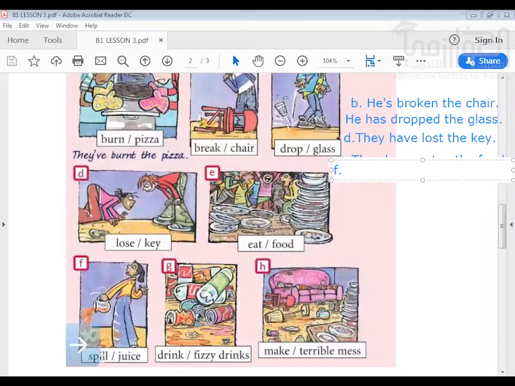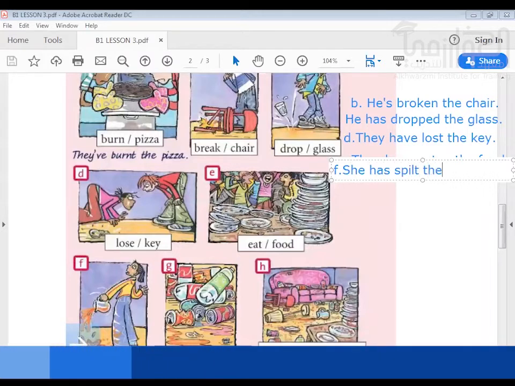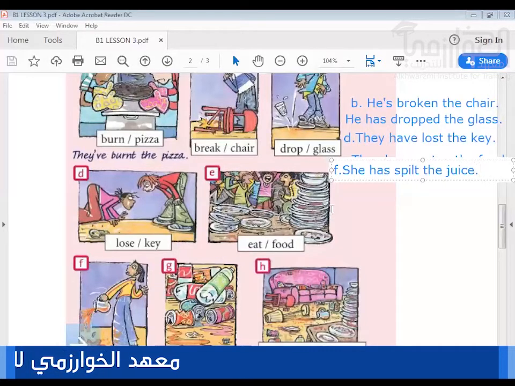So, and spill. So we change spill to verb 3. Here is what? She. So she, a woman, she has spilled the juice. She has spilled the juice.